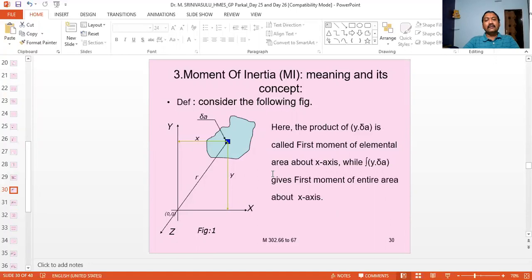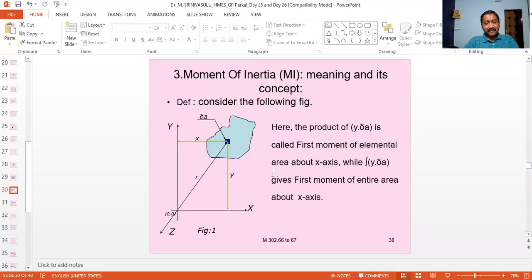Now the meaning and concept of the moment of inertia. Already we have defined the moment of inertia. What is the moment of inertia? The second moment of area about an axis is called the moment of inertia about that axis.